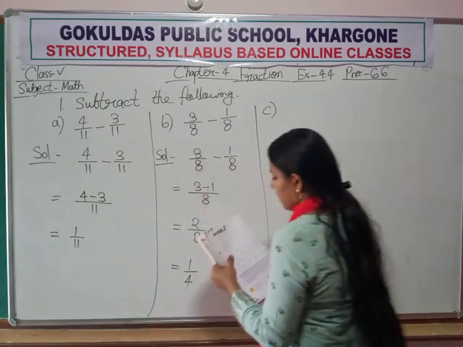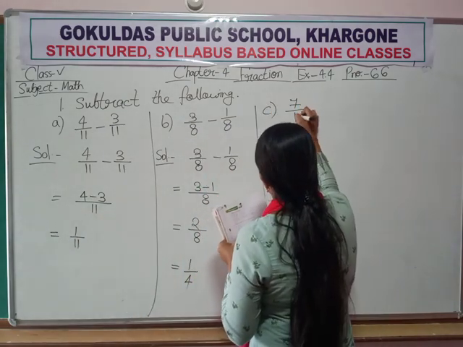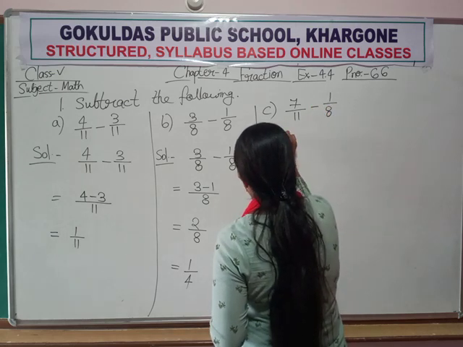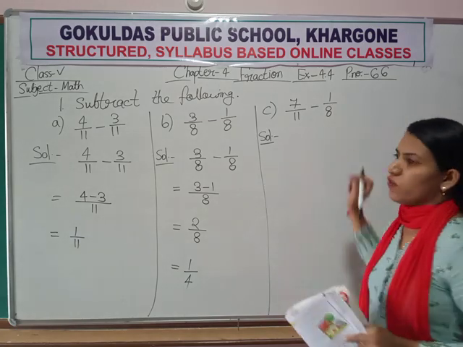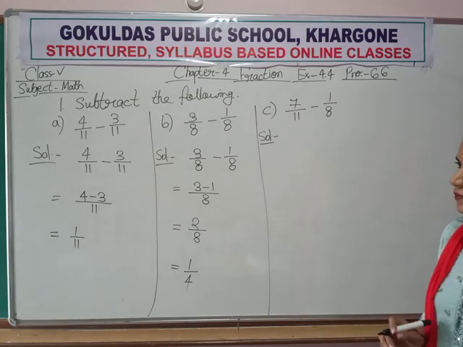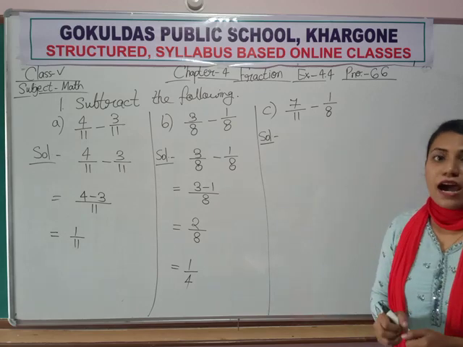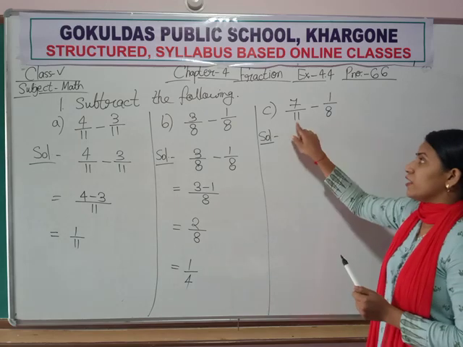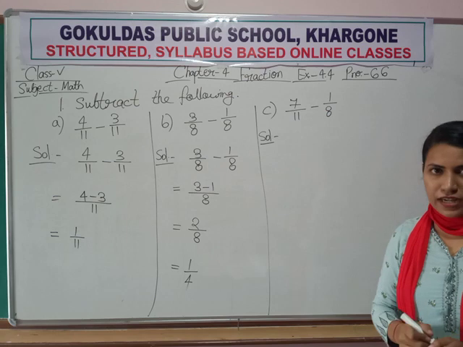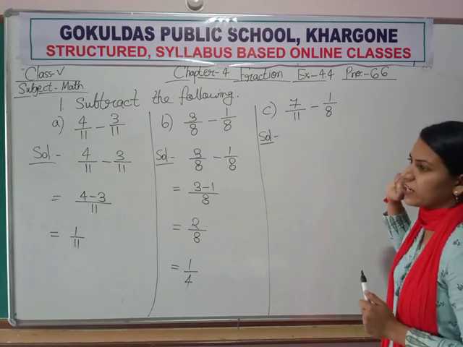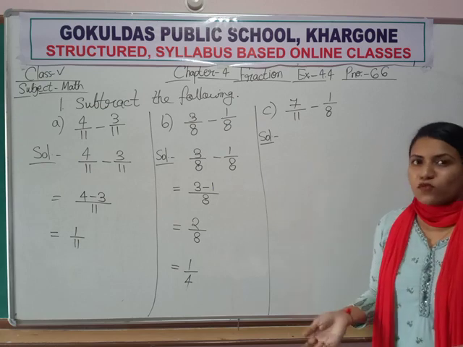Question number C. 7 upon 11 minus 1 upon 8. Solve. Both the fractions are unlike fractions. Why? Because their denominators are different. Denominators are different, so fractions are unlike fractions. So in this case, what will we do?